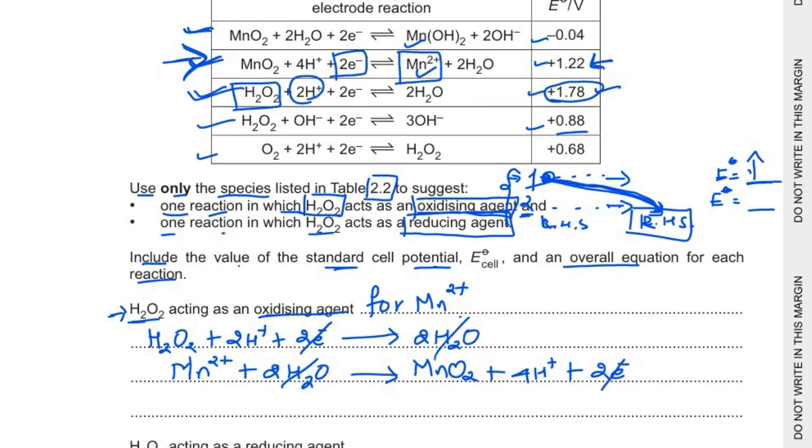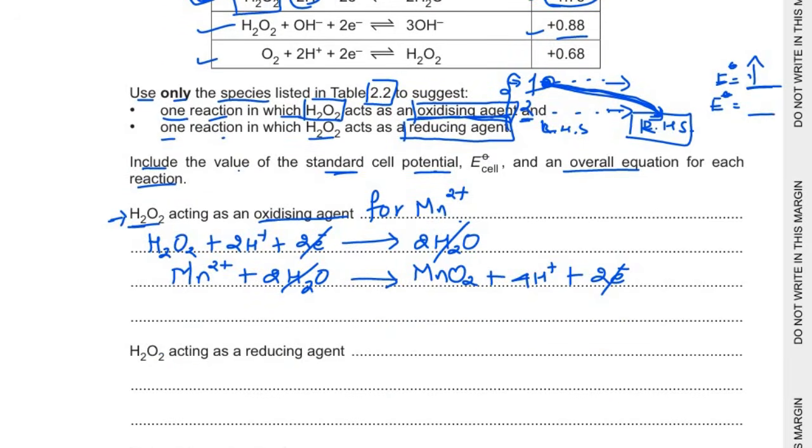The water molecules also get cancelled because there are 2 water molecules on each side. Now if we just add, we get H2O2 plus Mn2+ plus 2H+, that gives MnO2 plus 4H+, right? This is the equation. You will get the overall equation.